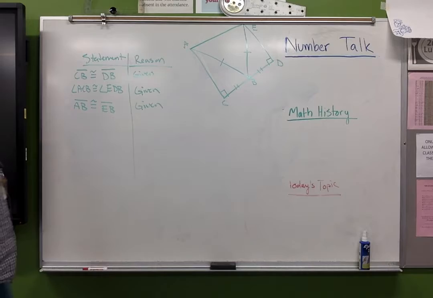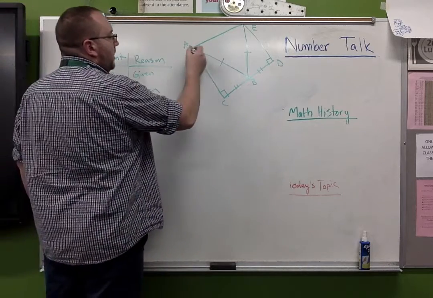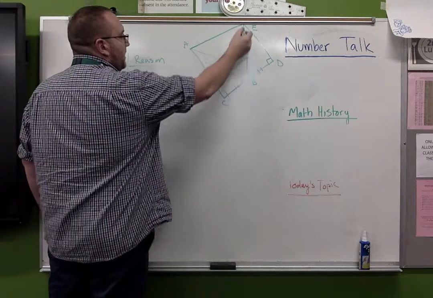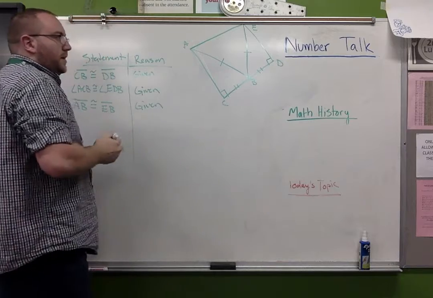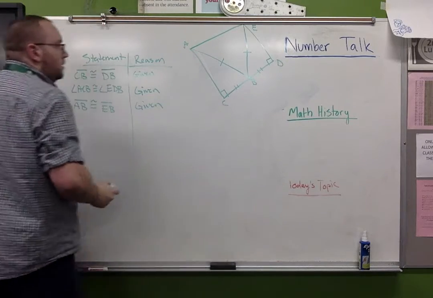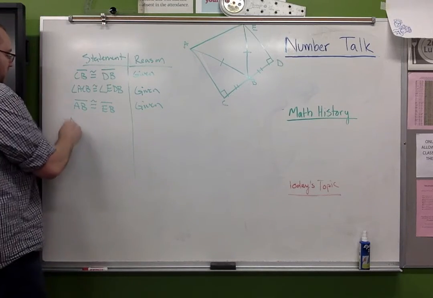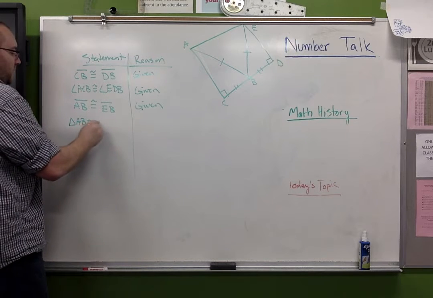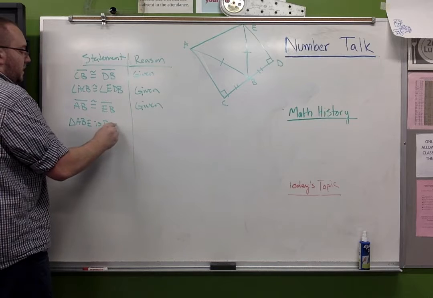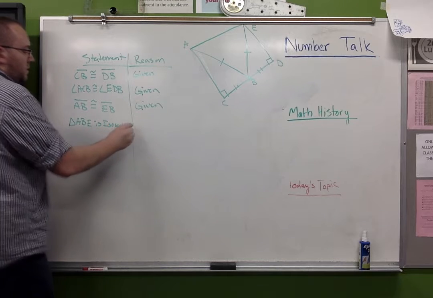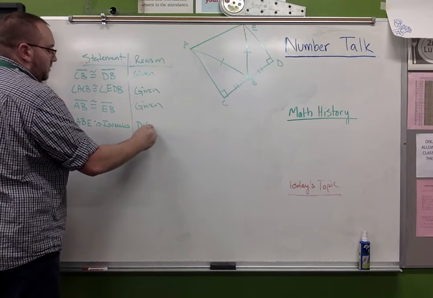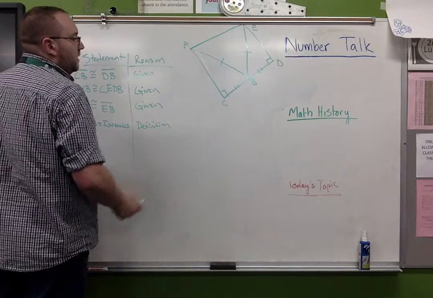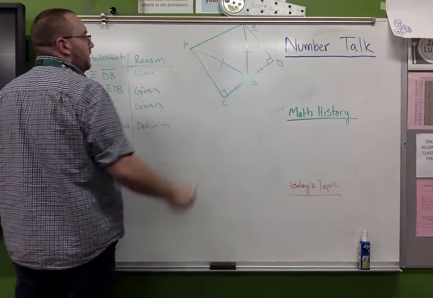Okay? Now, this is an isosceles triangle, right? ABE is an isosceles triangle by definition. Right, so I'm going to say that triangle ABE is isosceles by definition. Right, definition of isosceles triangle, two sides are congruent.